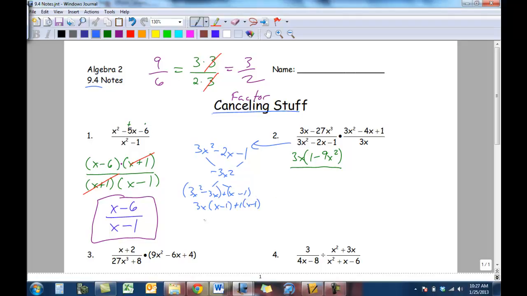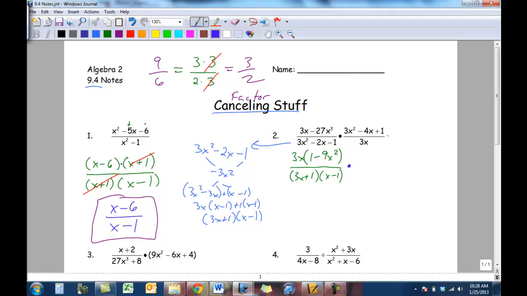Hopefully you came up with 3x plus 1 and x minus 1. So that's this factored form here: 3x plus 1 and x minus 1, times.